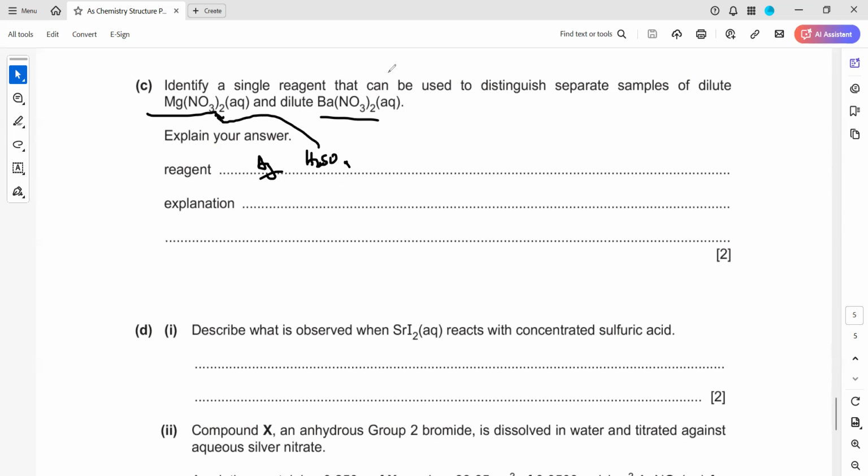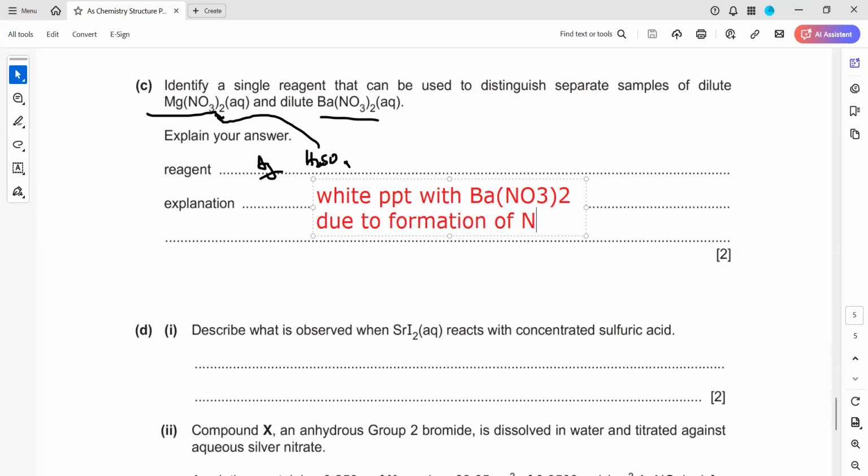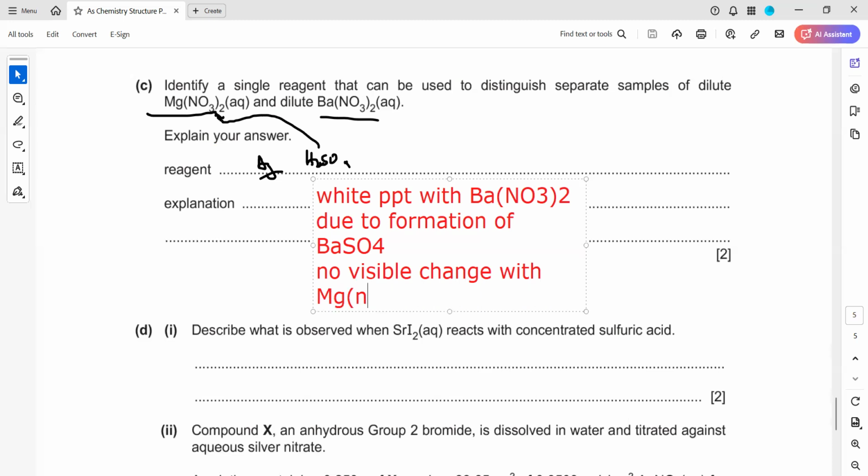So the explanation here: it will form a white precipitate with barium nitrate due to formation of barium sulfate, and no visible change will be there with magnesium nitrate because magnesium sulfate is soluble.